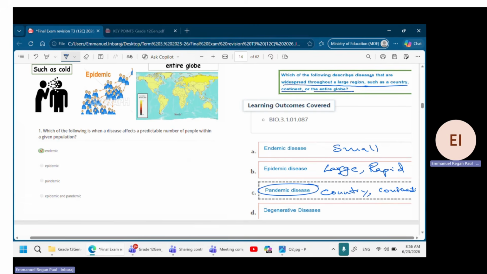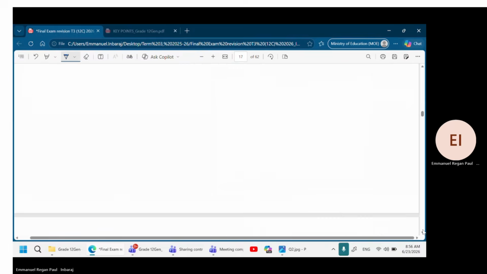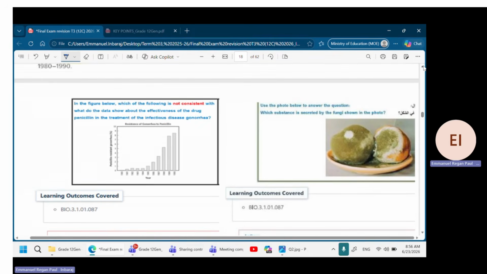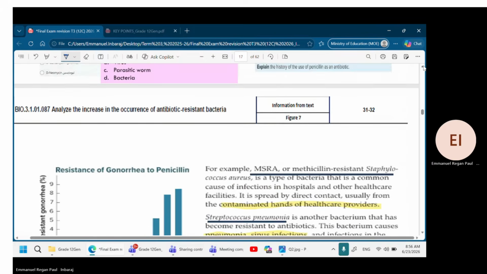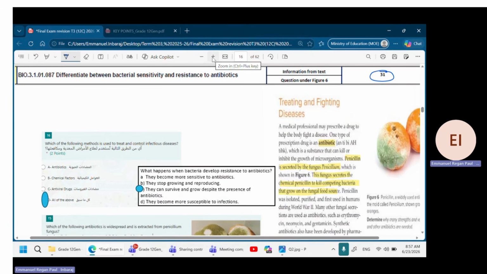Now let's move on to the next one. The next page that you have to know is page number 31. Now I want you to move your textbook to page number 31. Please open page number 31. I'm going to zoom it for you now.